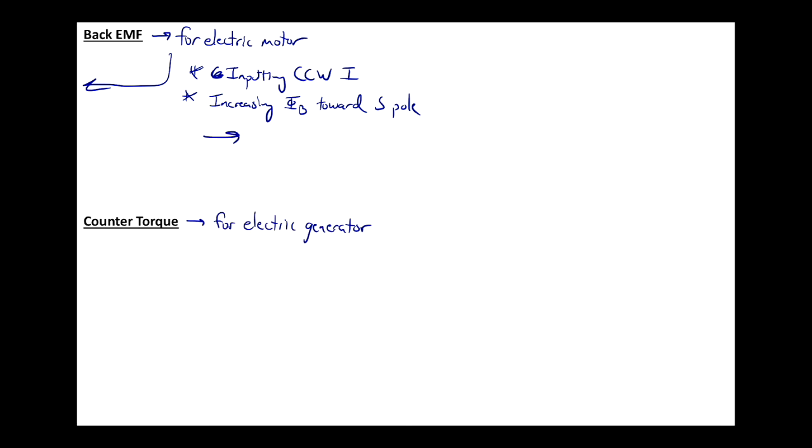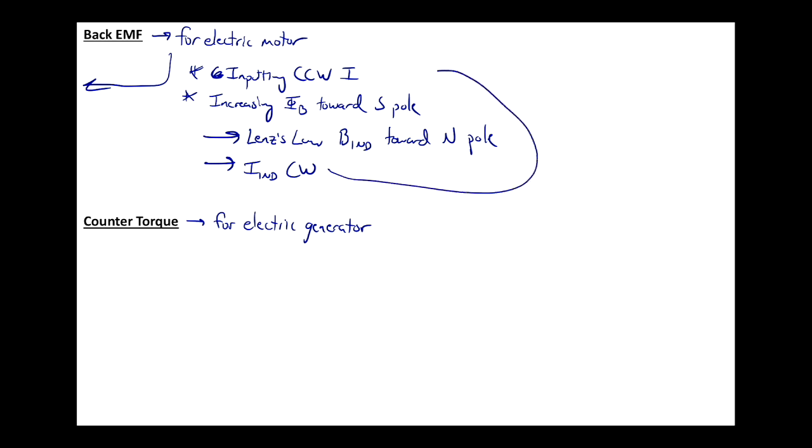That is going to, according to Lenz's law, create an induced magnetic field that's toward the North Pole. Okay? And from that, we're going to have an induced current that's clockwise. It's not going to be as strong as what we're inputting, but it's subtracting from it some.